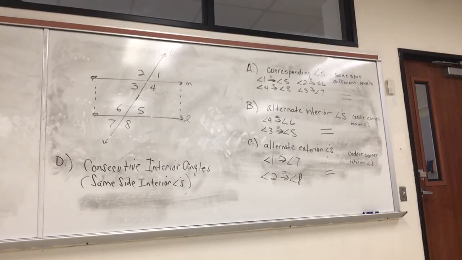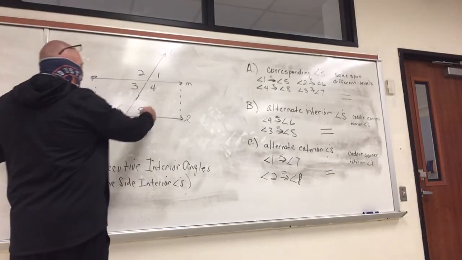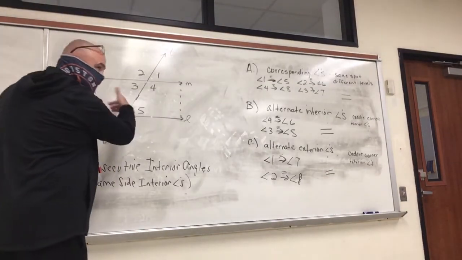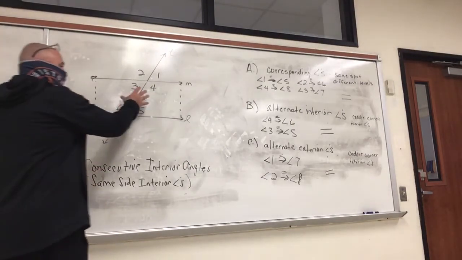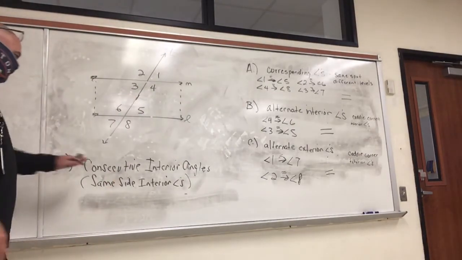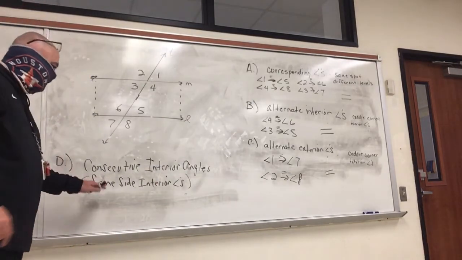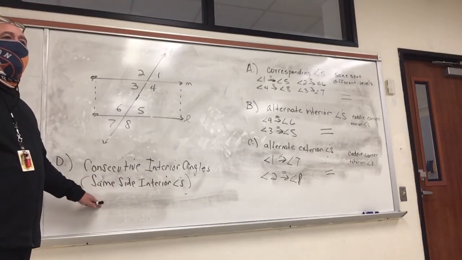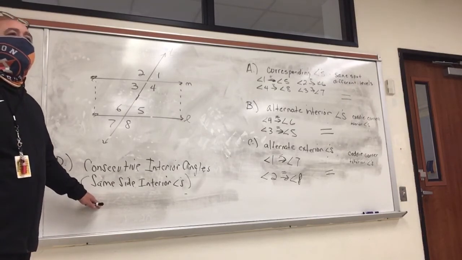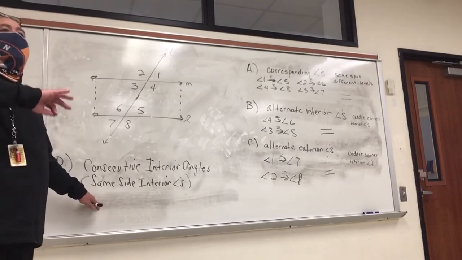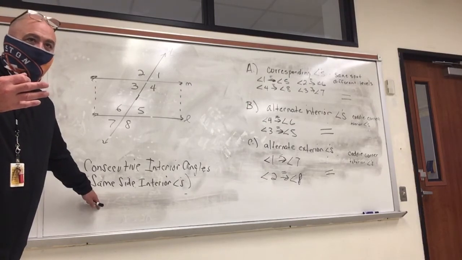So the next angles are consecutive interior. So we know we're talking about 4 angles here. They're on the inside. 3, 4, 5, 6. Those are the ones we're talking about. Consecutive interior angles, also known as same side interior angles. They have to be on the same side of the line. They cannot cross a line.